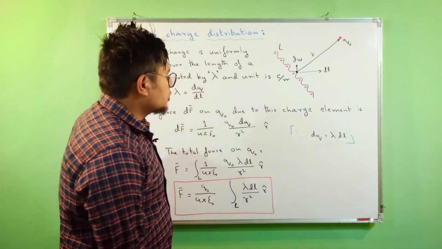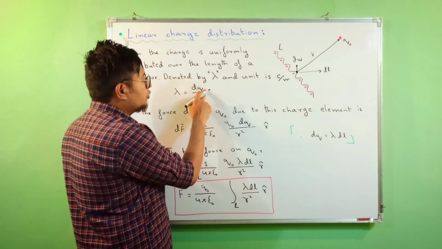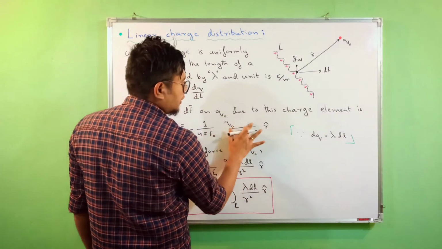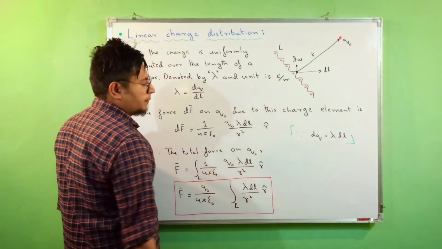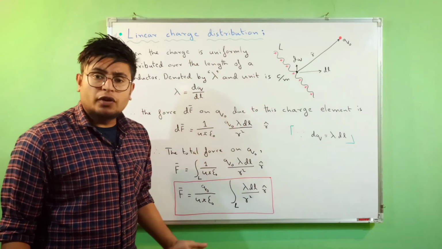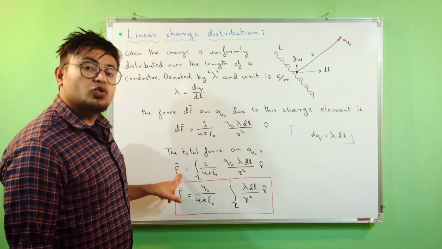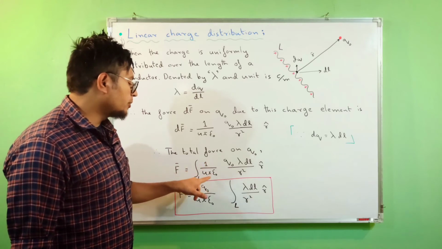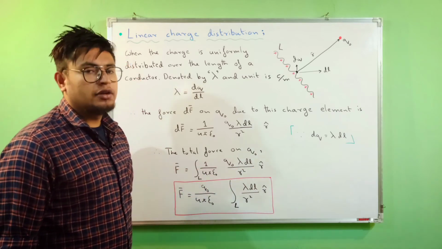Now I substitute for dq. Since dq is equal to lambda dl, I can substitute dq as lambda dl. Now, since the charges are being uniformly distributed, just do the integration over the entire charge. The total force will be equal to the line integral of 1 by 4 pi epsilon naught, Q naught lambda dl divided by r square, with the unit vector r.